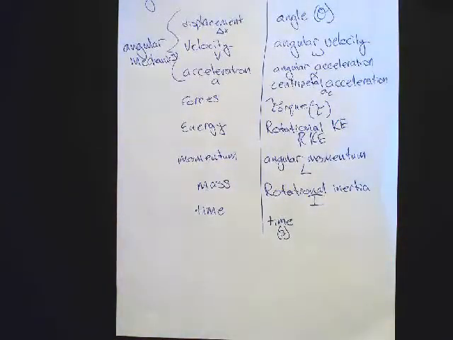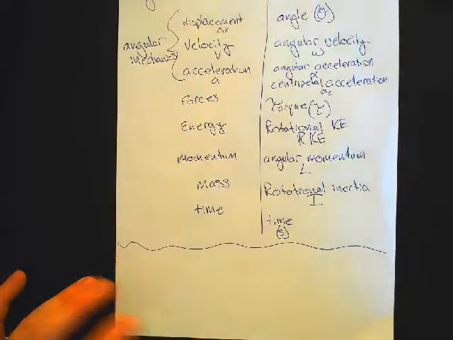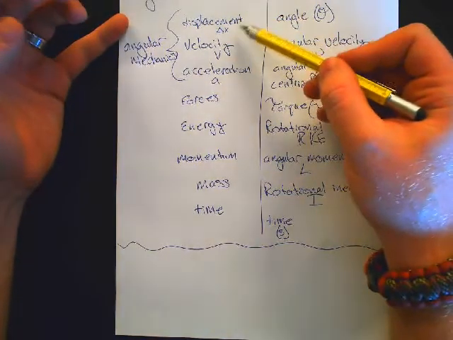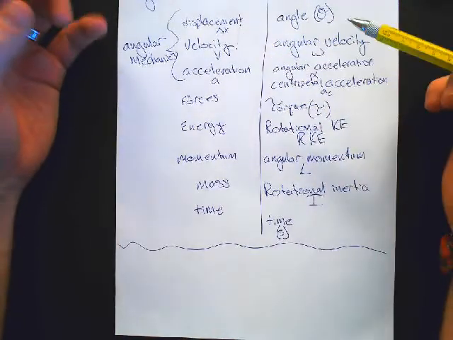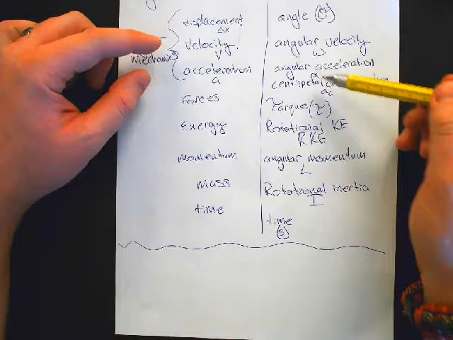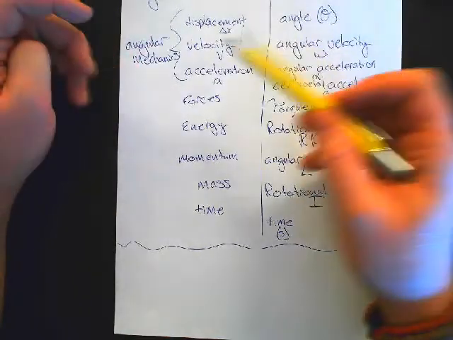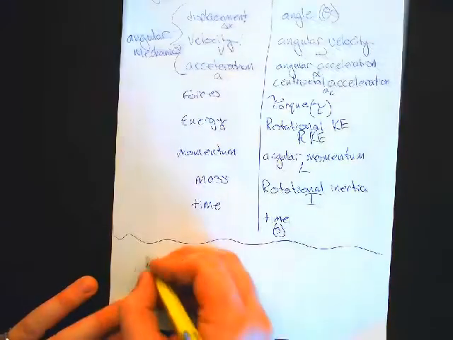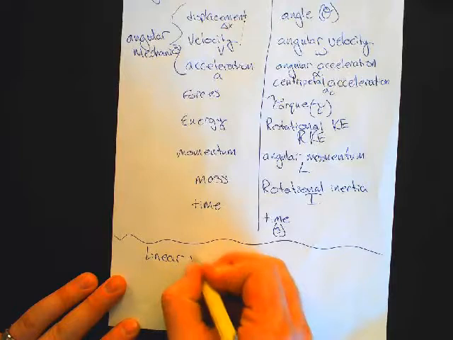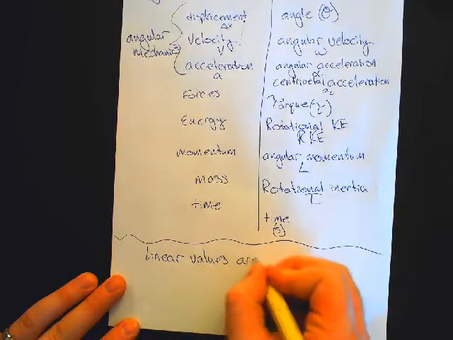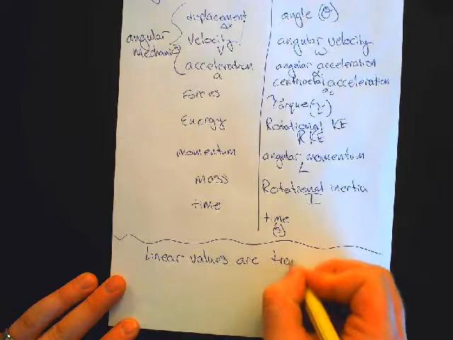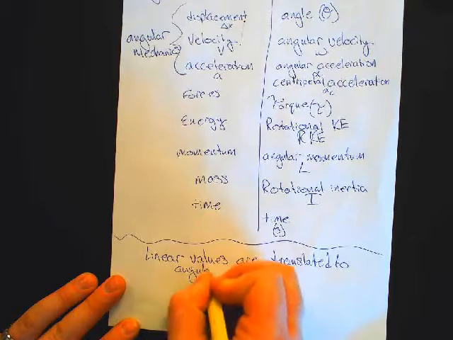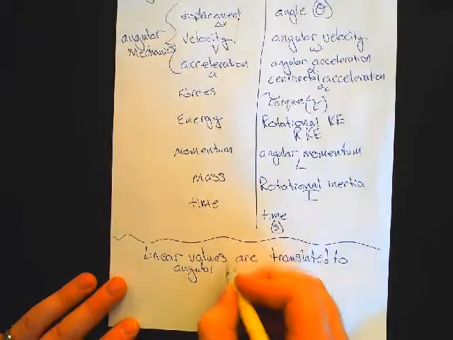So starting with angular mechanics, one of the things that we're going to recognize is every one of these variables, displacement, velocity, and acceleration, has a rotational analog, angle, omega, and alpha. We can relate the linear value to the angular value through the radius of the object. So linear values are translated to angular through the radius of curvature.